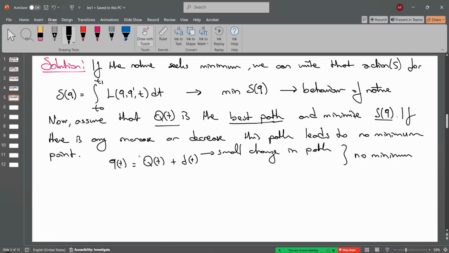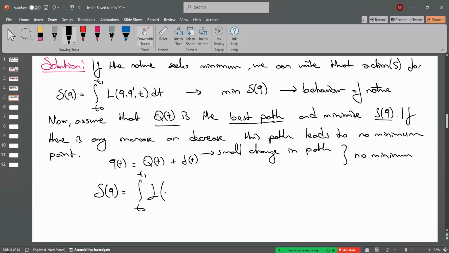Putting these equations in here with the change of these terms, this S[q] can be written as the integral from t0 to t1 of L. This Lagrangian is the total energy form that defines the kinetic and potential energy transfer functions.